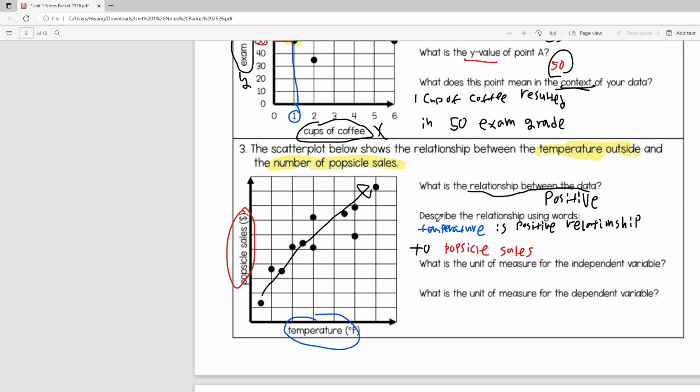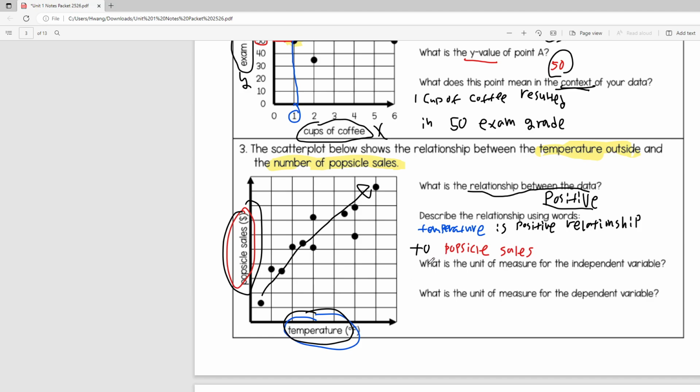So I can say temperature is positive relationship to popsicle sales. Again, write in order: independent variable, the relationship, and the dependent variable. Just have the order inside your head, and as you get used to it, it should be no problem.